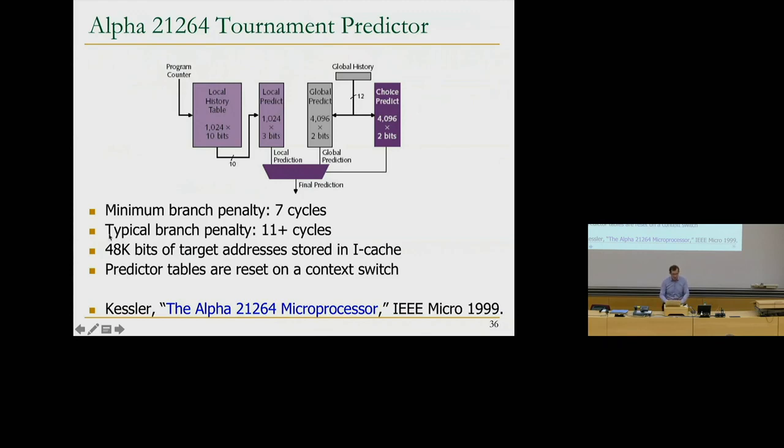So they basically have a large state associated with branch predictor. You can see that, well, they don't say this branch predictor state, but it's actually quite large. But they also have a large BTB, 48K target addresses, and they store it in the instruction cache in this case. And what they do is, whenever you context switch, whenever you switch from one program to another program, they reset all of the predictor tables so that they don't use information trained by a previous program.